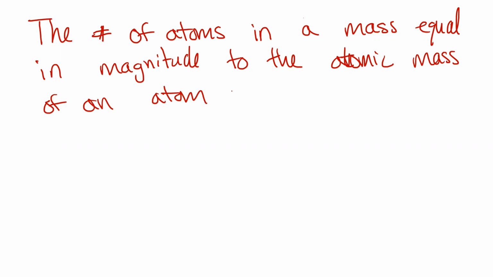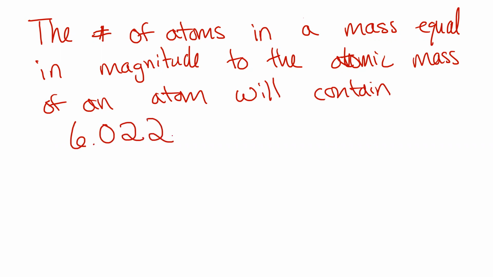We'll start with atoms. Okay, so the number of atoms in a mass equal in magnitude to the atomic mass of an atom will contain 6.022 times 10 to the 23rd atoms.